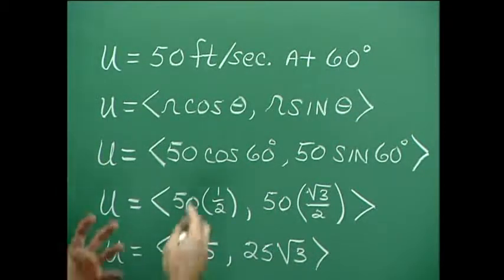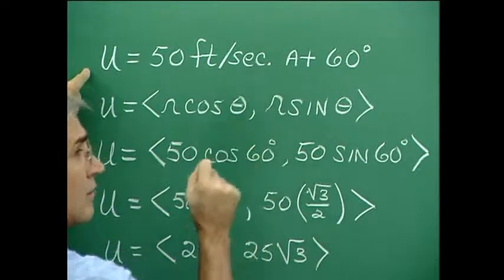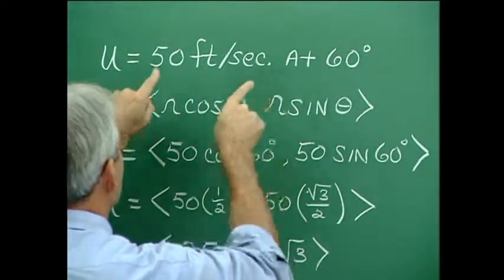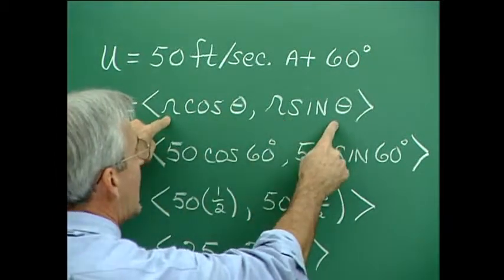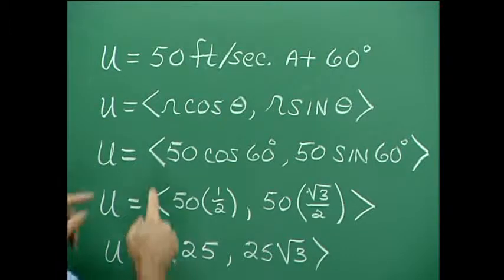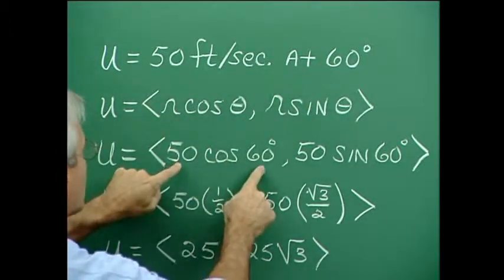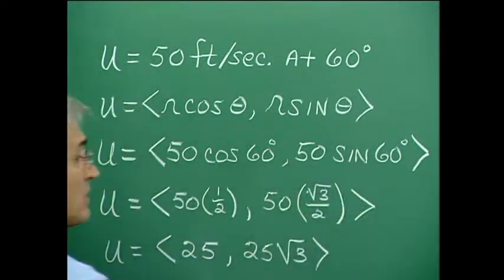Now, we know that there are a number of ways of describing this in horizontal and vertical component form. And probably the easiest way to do it when given information like this is to use the r cosine theta, r sine theta idea. Now, r is the magnitude, and that's 50 here, and theta is the angle of 60 degrees. So it's 50 cosine 60 degrees, 50 sine 60 degrees.